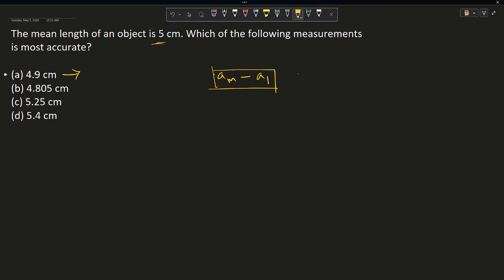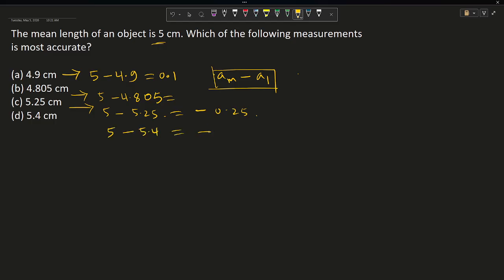So the mean is 5 and the original value is 4.9, so the deviation is 5 minus 4.9, that means 0.1. This one will be 5 minus 4.05, this one 5 minus 5.25, so minus 0.25, and this one 5 minus 5.4, so minus 0.4.